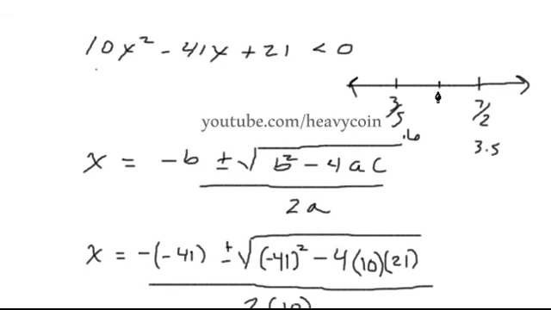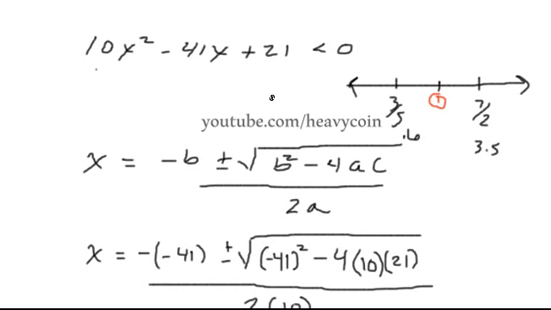Which means that, okay, let's do some testing here. Let's try a 1. Okay. If I were to take 1 and plug it in, we got 10 minus 41, so that's negative 31. And then negative 31 plus 21 is going to be a negative number, and that is less than 0.